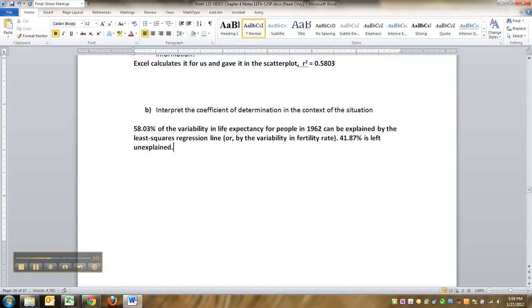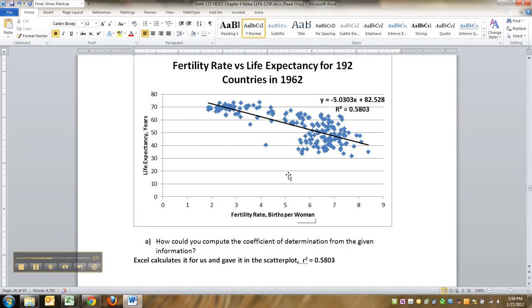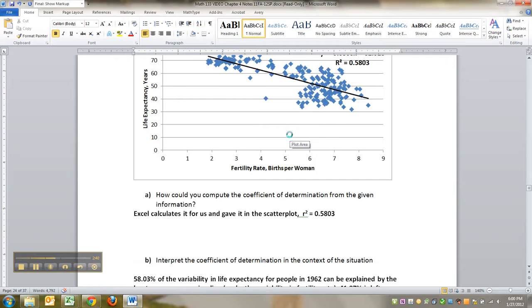All right, now be careful about what this means. I'm not saying that 58% of why you lived the age you lived is explained by the line. That's not what I'm talking about. I'm saying 58% of the variability, the up and downedness of this, can be explained by the line. It doesn't mean that the line's causing it. It doesn't mean that fertility rate causes these things. It means that there's a relationship going on.